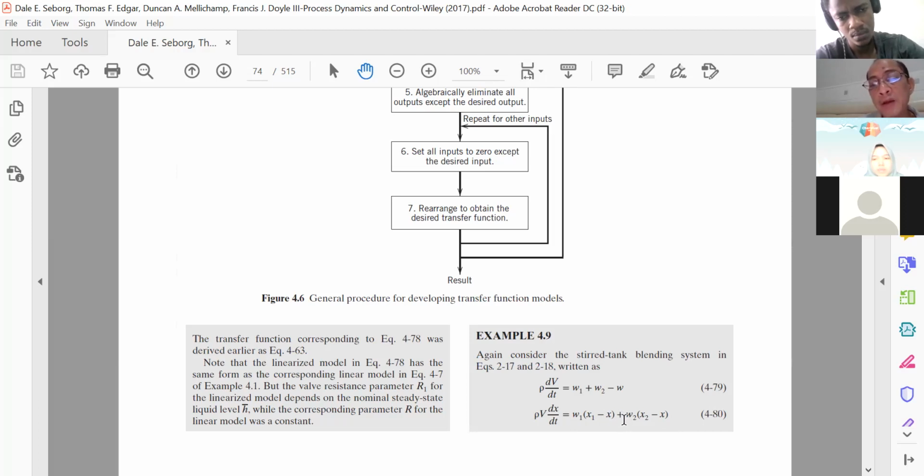Now in the example with the liquid level, it's only one variable, right?